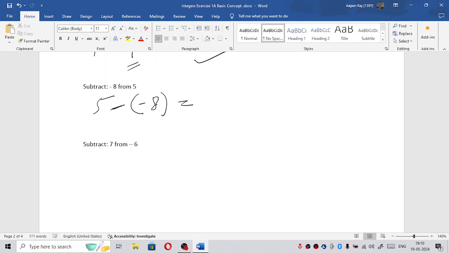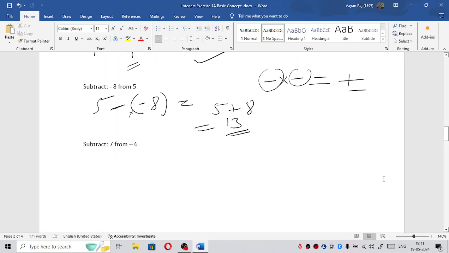Now you might have studied that minus and this bracket means multiplication here. So minus into minus, you might have studied earlier, makes plus. So 5 minus into minus becomes 5 plus, the sign will change. 5 plus 8 gives you the answer 13, right?